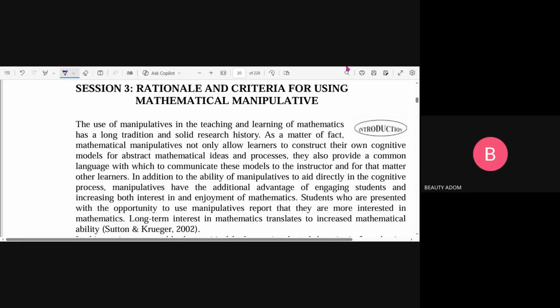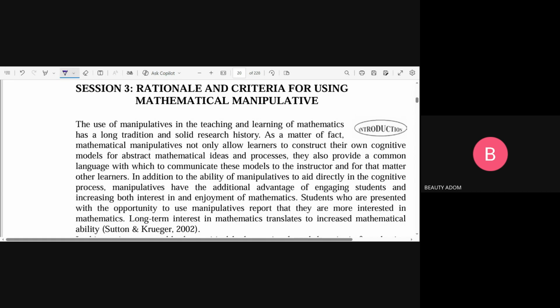The use of manipulatives in the teaching and learning of mathematics has a long tradition and solid research history. As a matter of fact, mathematical manipulatives not only allow learners to construct their own cognitive models for abstract ideas and processes, they also provide a common language with which to communicate these models to the instructor and other learners.